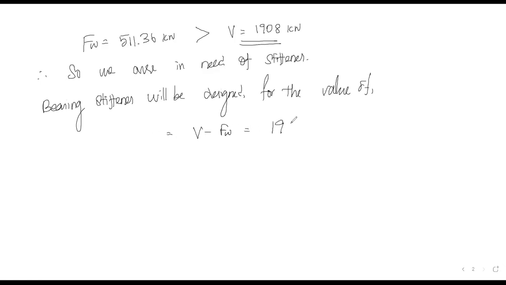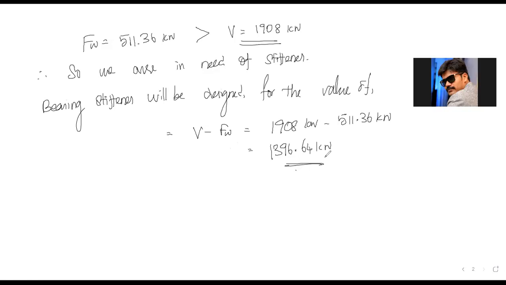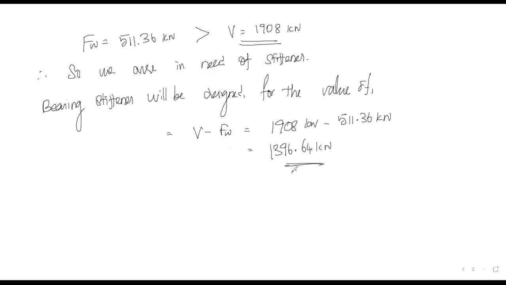For this value I have to design: V minus 511.36 kilonewton becomes 1396.64 kilonewton. So for this value I have to do the design of the bearing stiffener.